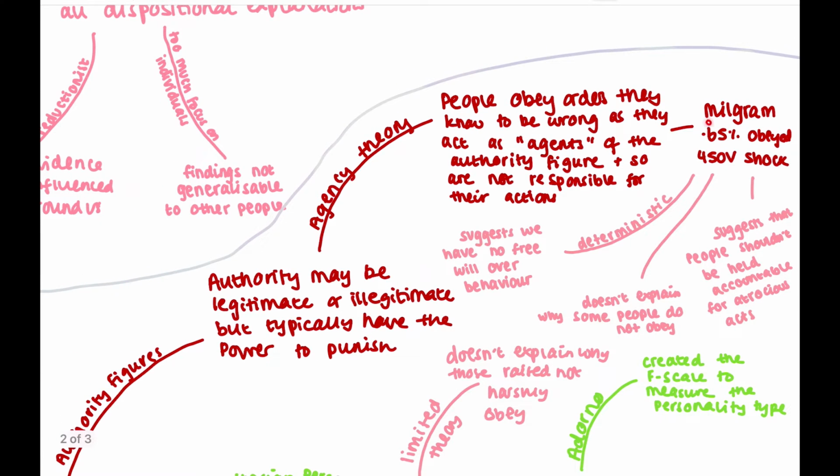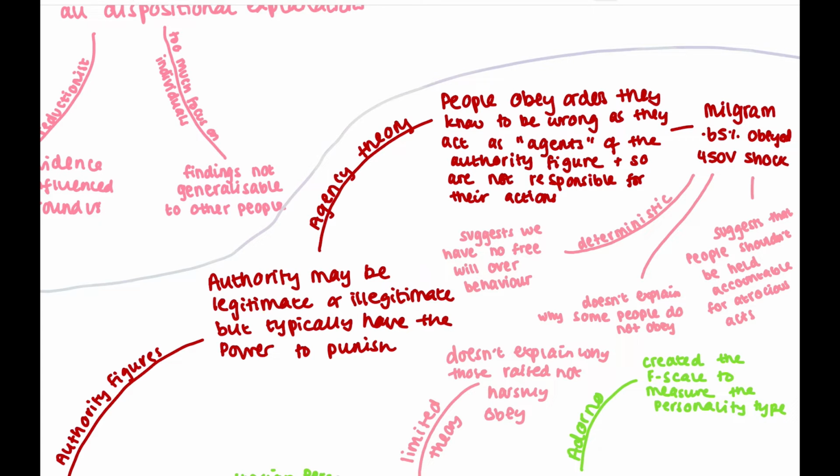Now, in Milgram's classic experiment, he got people to administer electric shocks to confederates in another room. The participant did not know that they were confederates. They believed that they were giving electric shocks to a real person. And in fact, 65% of the participants obeyed the order to give the fatal shock of 450 volts.